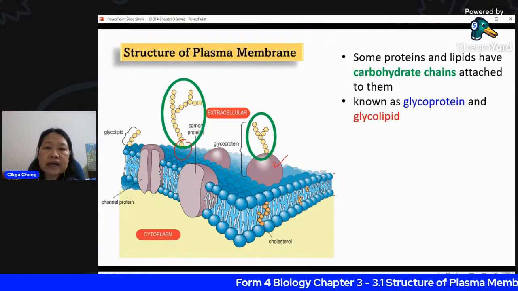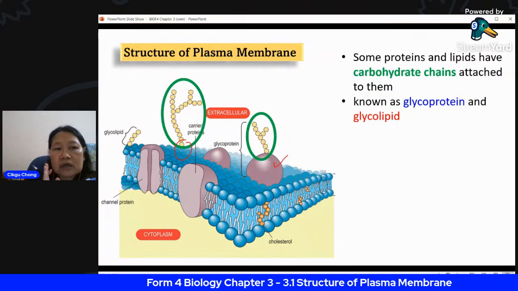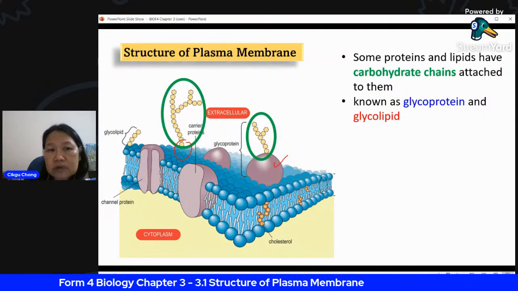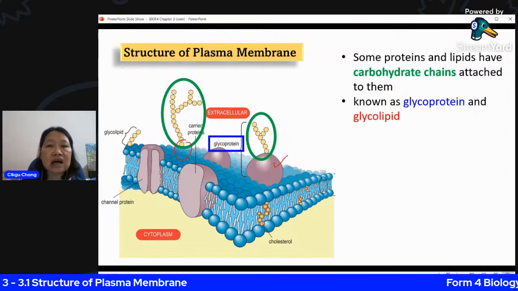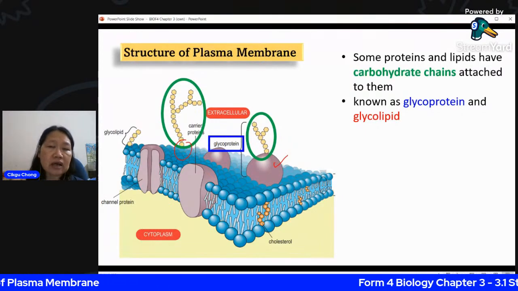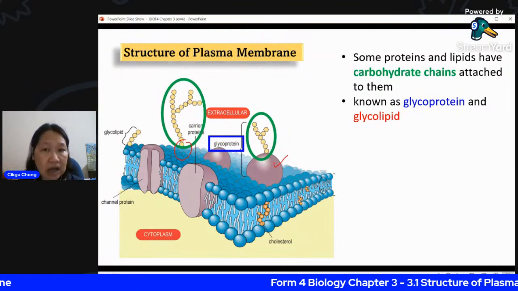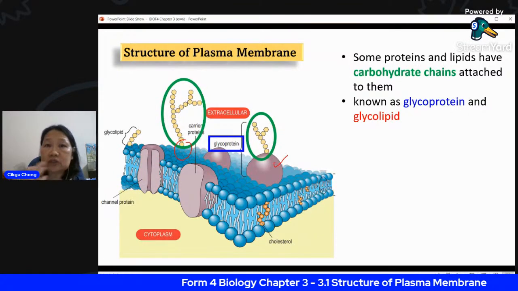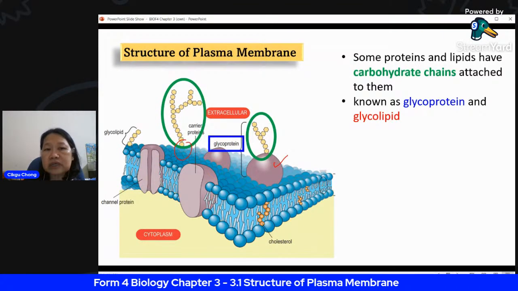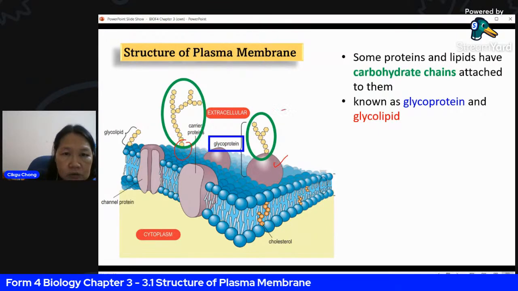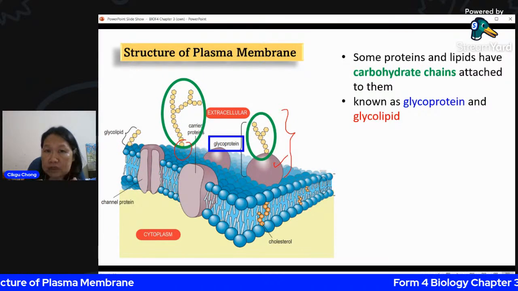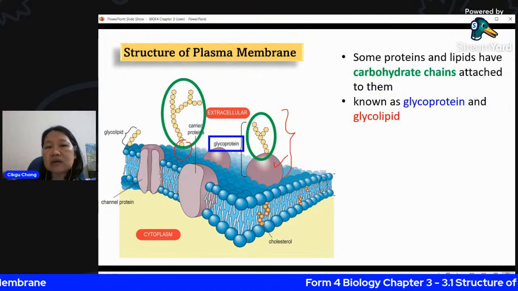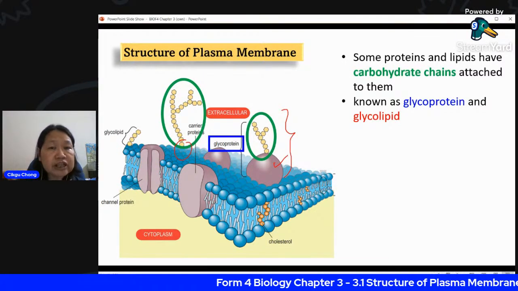Okay, so the one that is stuck on the protein molecule is known as glycoprotein. Okay, glyco actually means carbohydrate. It's like sugar. Okay, sugar is a type of carbohydrate. So glyco actually means sugar. So glycoprotein is this whole thing, all right. This whole thing is called glycoprotein because you have the protein molecule there, but you also see the carbohydrate chain attached to it.